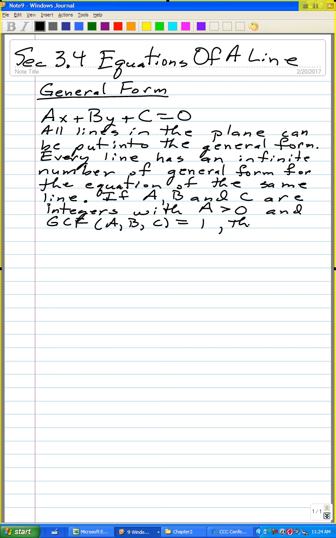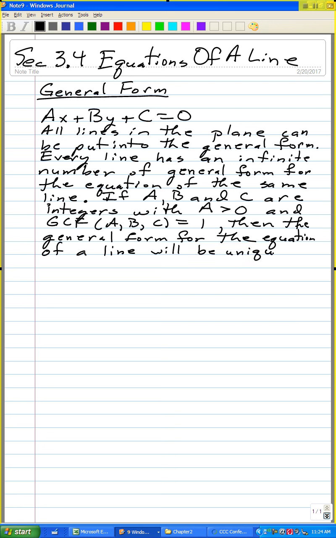then the general form for the equation of a line will be unique.